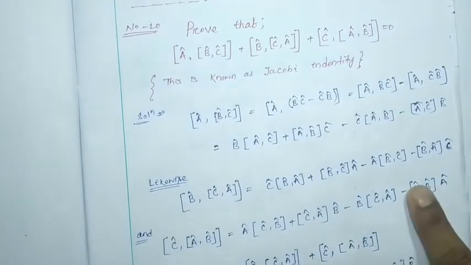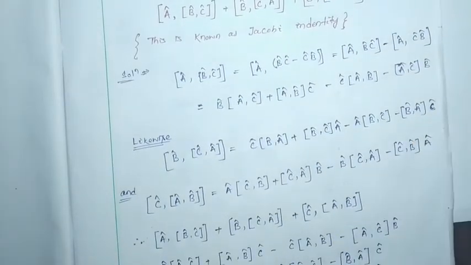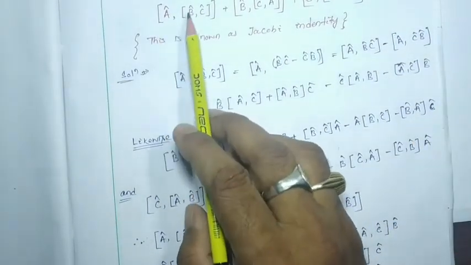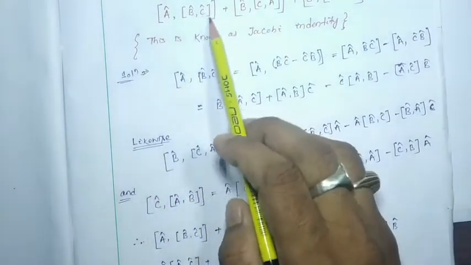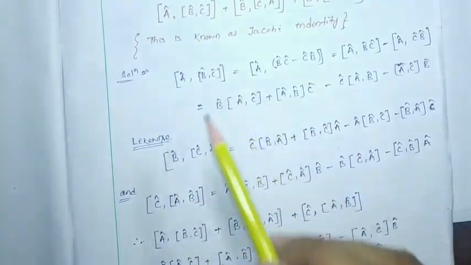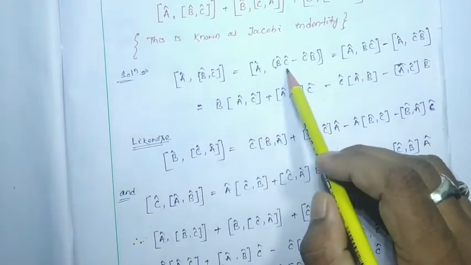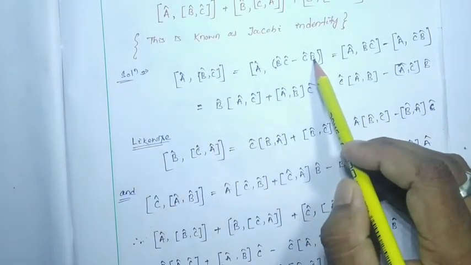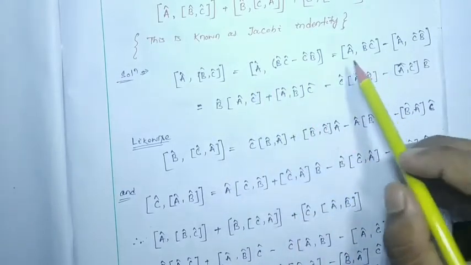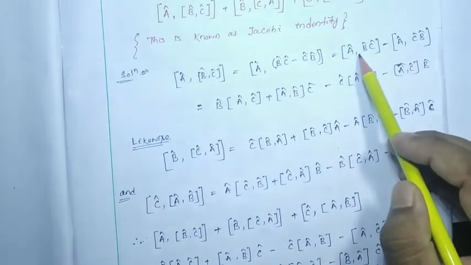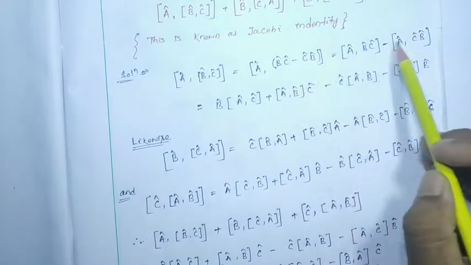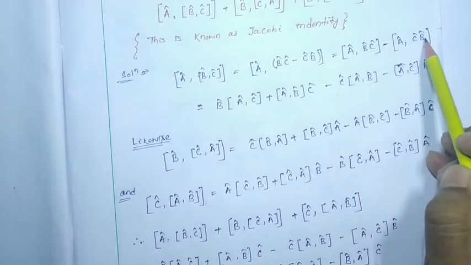Now first we have to consider the term a cap b cap c cap, the whole commutation. Here a cap is there, and b cap c cap commutation is nothing but b cap c cap minus c cap b cap. So it will be a cap b cap c cap minus a cap c cap b cap.